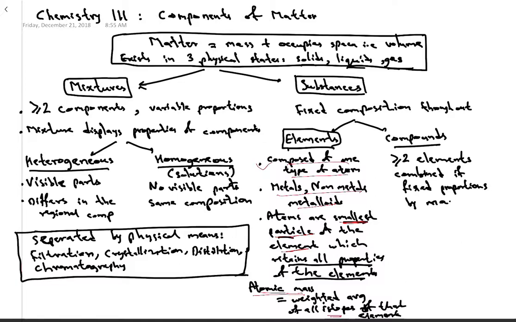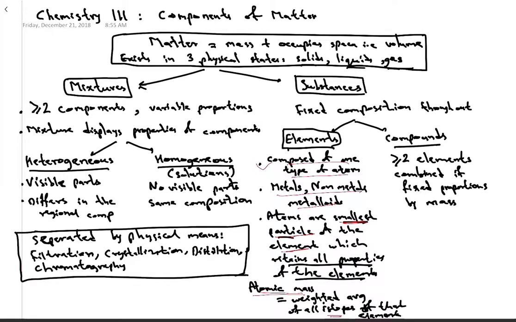What I mean by this is a compound like, for example, water. It consists of two elements, hydrogen and oxygen. In that case, two atoms of hydrogen combine with oxygen to form water.